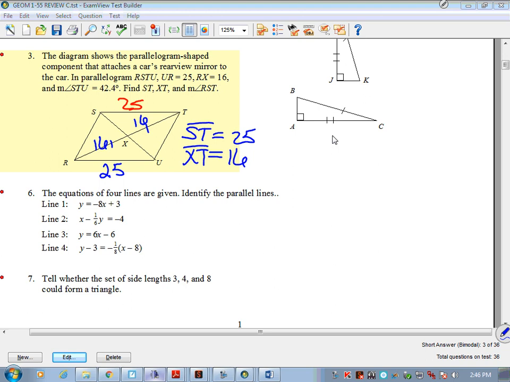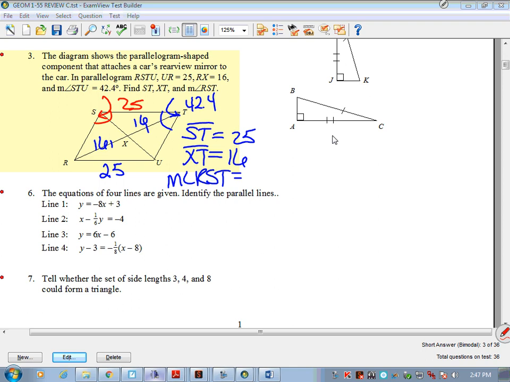And then angle RST, measure angle RST is the only one where I actually have to show some math because they tell me that STU, right here, STU is 42.4, and they are looking for RST, which is this angle, that whole angle right there. And like I said before, consecutive angles are supplementary. So the math that I need to show there is 180 minus 42.4, which is going to come out to 137.6.